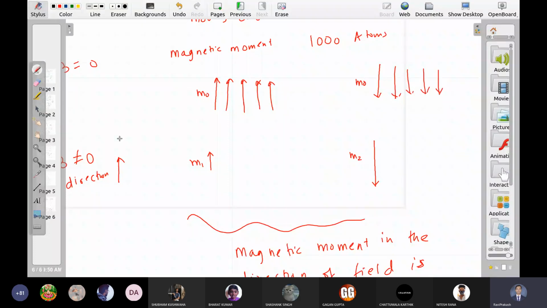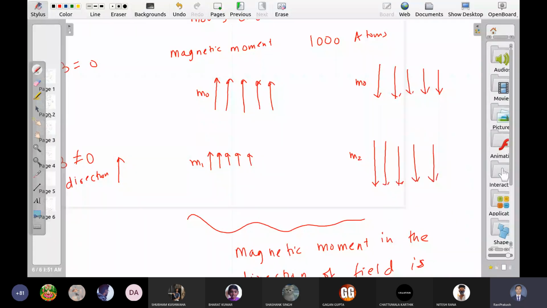But when I apply a magnetic field, those having vector up are still up, but their size is now reduced. And those having vector down, their size is now increased.